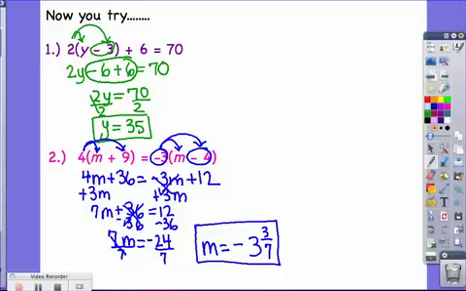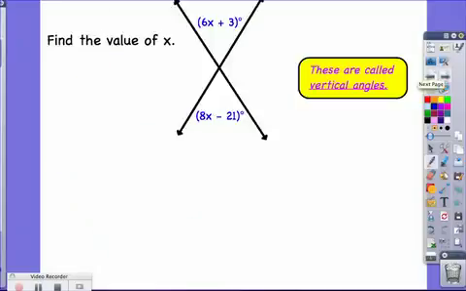This time I'm going to move them all to the right side since 8x is greater than 6x. So I'm subtracting 6x from both sides, and I'm left with 3 equals 2x minus 21. Add 21 to both sides. 24 equals 2x. Divide by 2, so x equals 12.